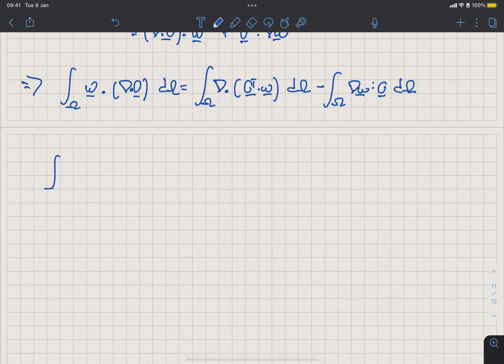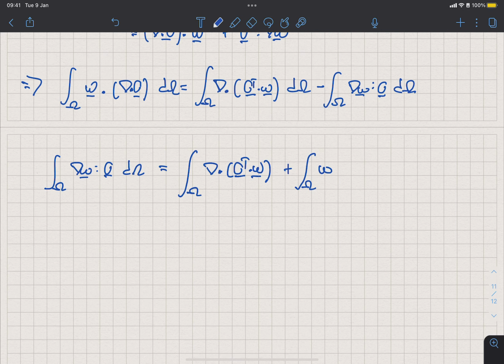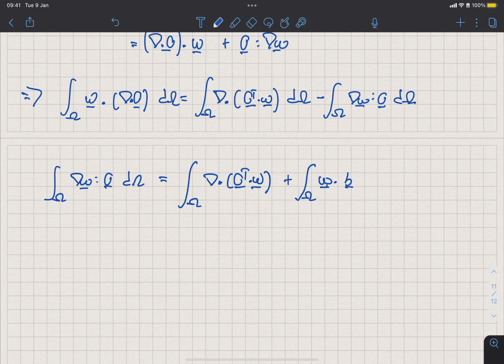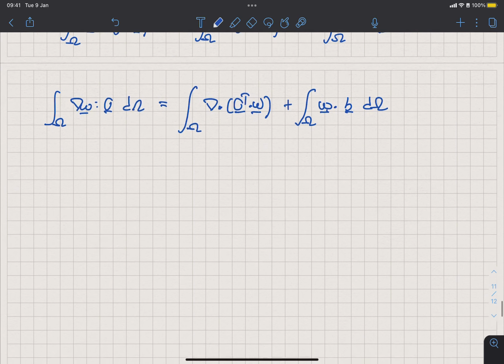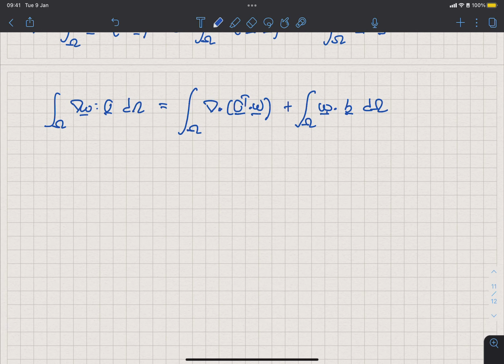Well, we get that this term is going to be equal to this term plus that term. Now, as I said, we're going to look into this term here. And if you remember the divergence theorem, once again, we took an integral that is over the entire volume and we replace that with an integral over the boundary.